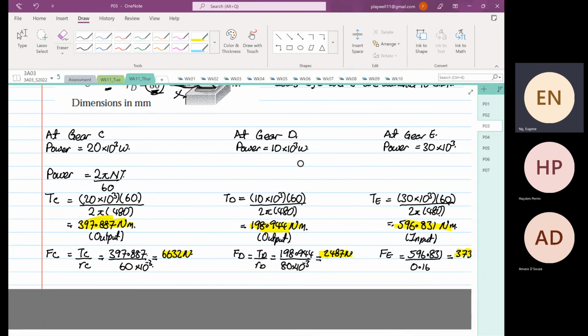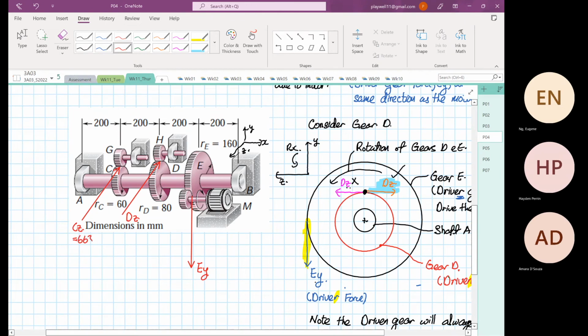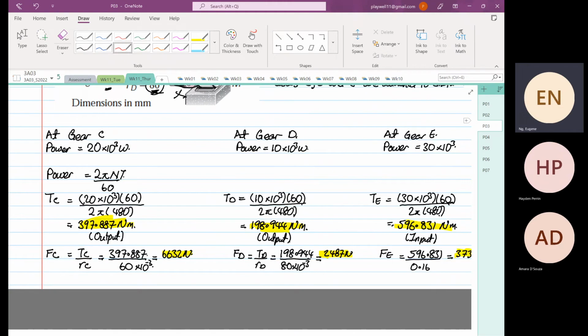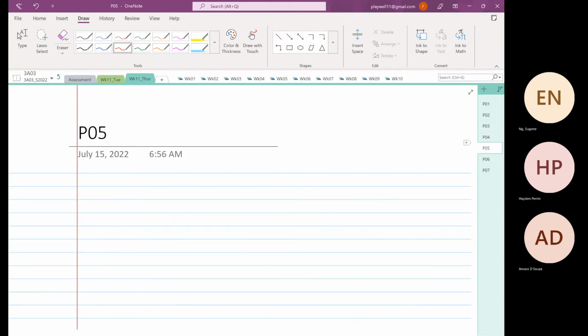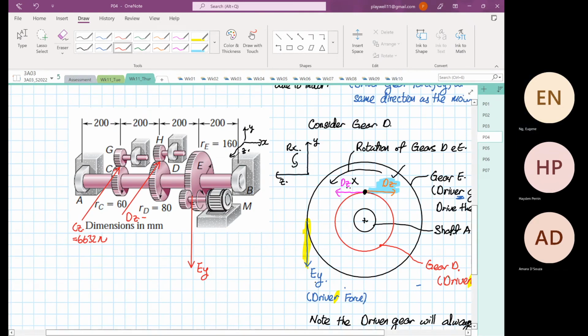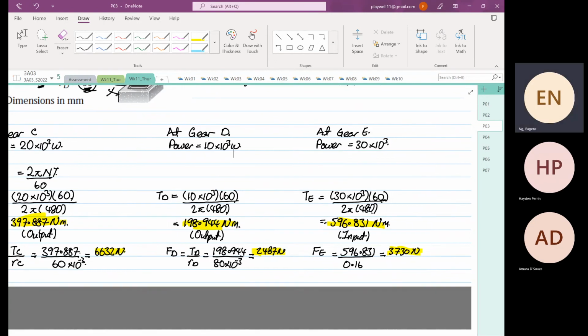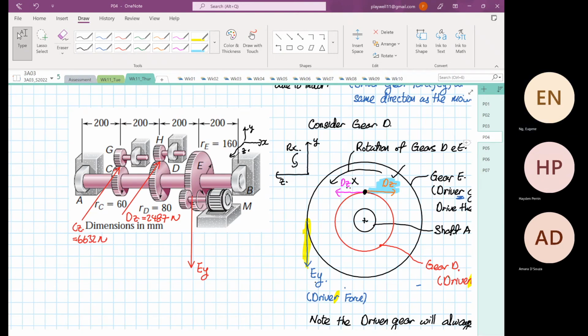So CZ is 6632. Okay, 6632. DZ is our 2487. Is 2487 Newton. And then we have our P730 at gear E.